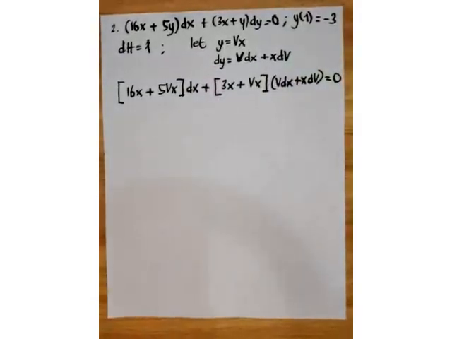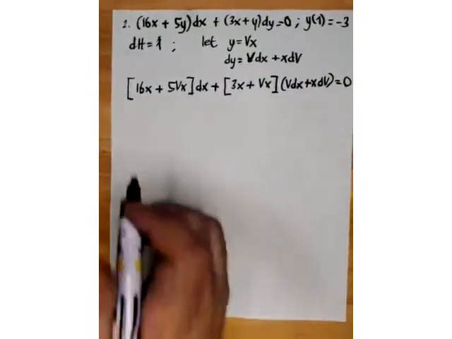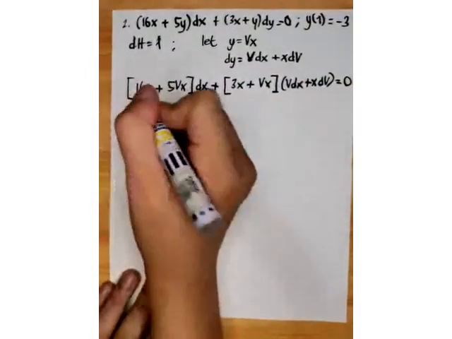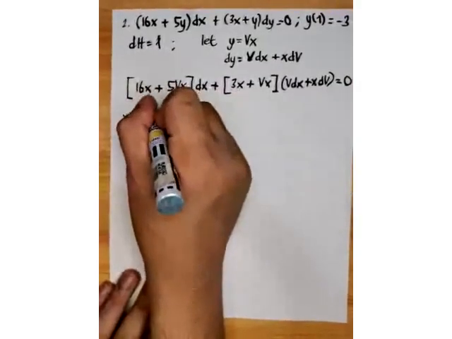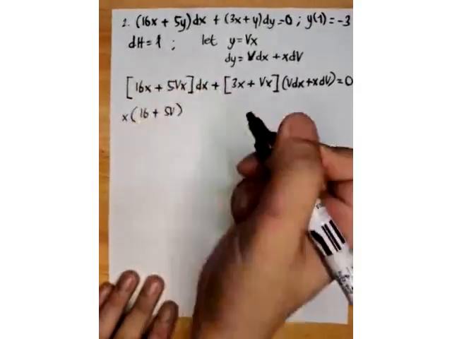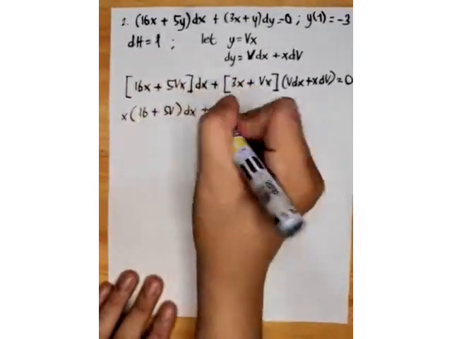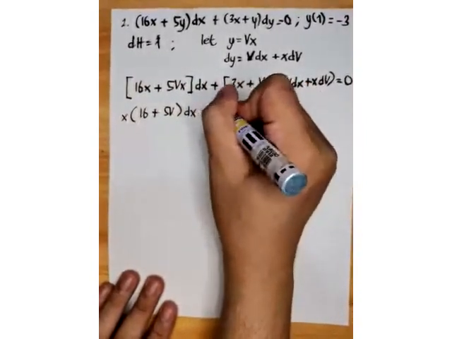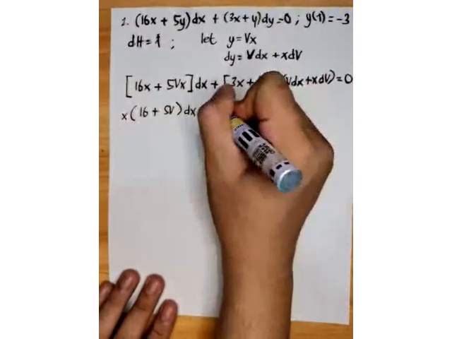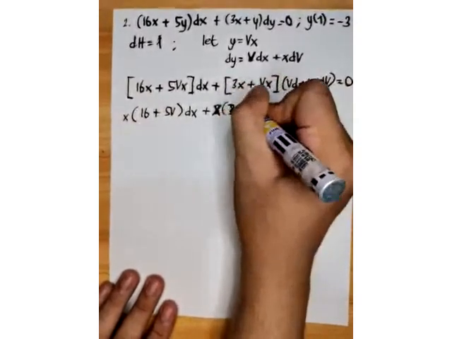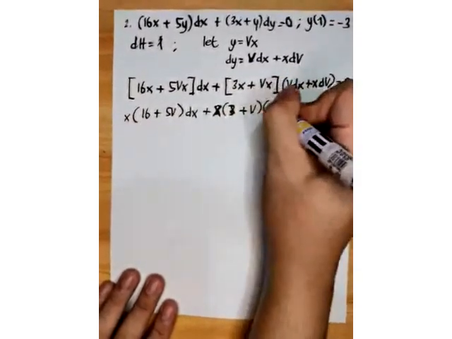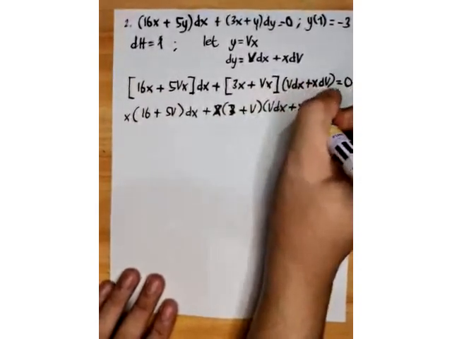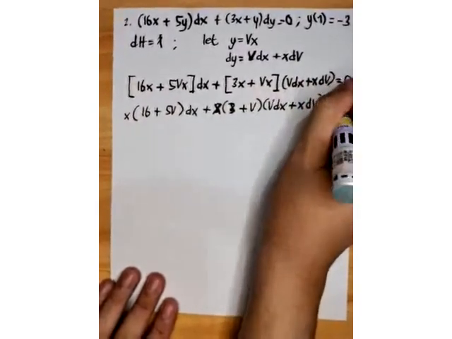Okay, and then let's factor out the remaining variable with the degree of homogeneity x. So x times 16 plus 5v dx plus x times 3 plus v times v dx plus x dv is equal to 0.